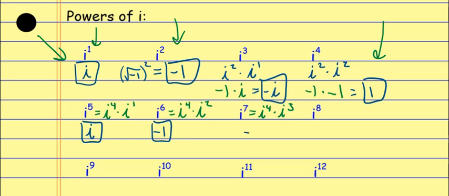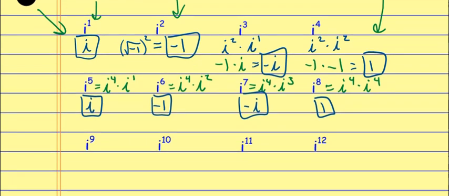And hopefully you're starting to see a pattern here. For i to the eighth, again, the easiest way to break this up is into i to the fourth times i to the fourth. Well, i to the fourth is 1 times i to the fourth, which is also 1, and 1 times 1 is going to give me a 1.